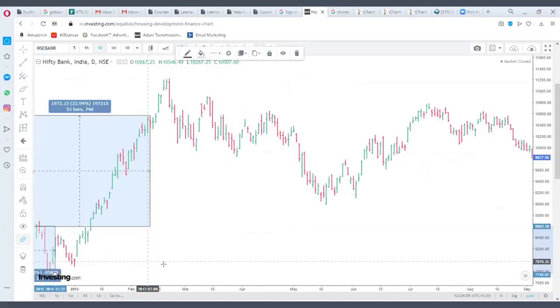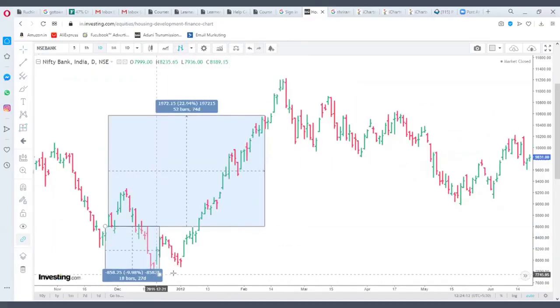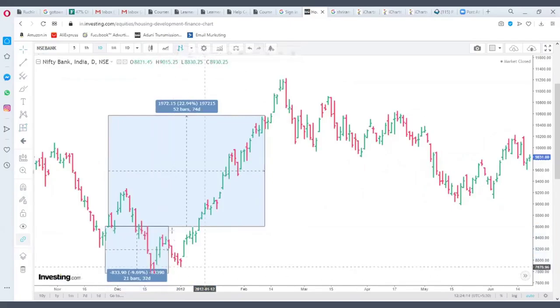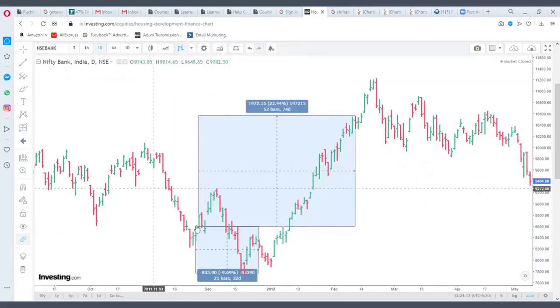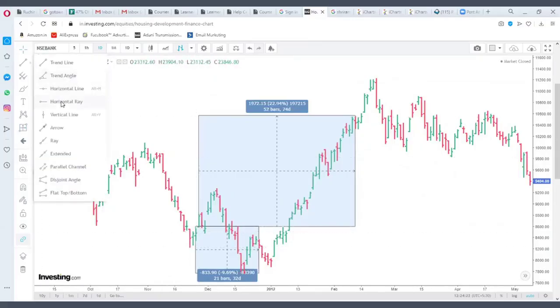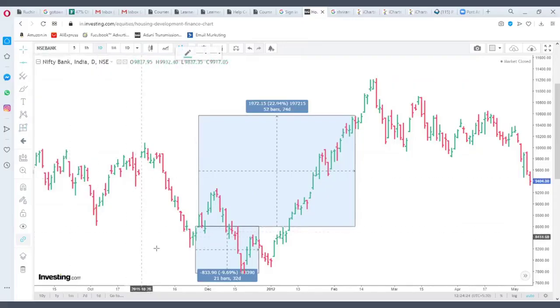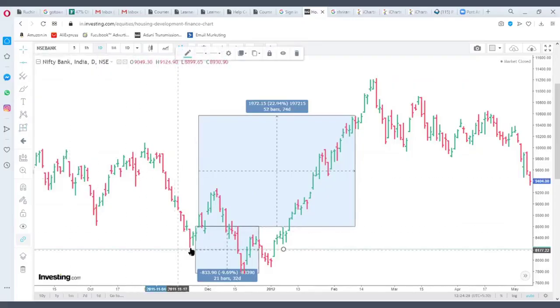Okay, I will tell you how I will do my stop loss. Since I went long from here on 28th, this is the recent bottom. Whenever this recent bottom is broken, I will exit.